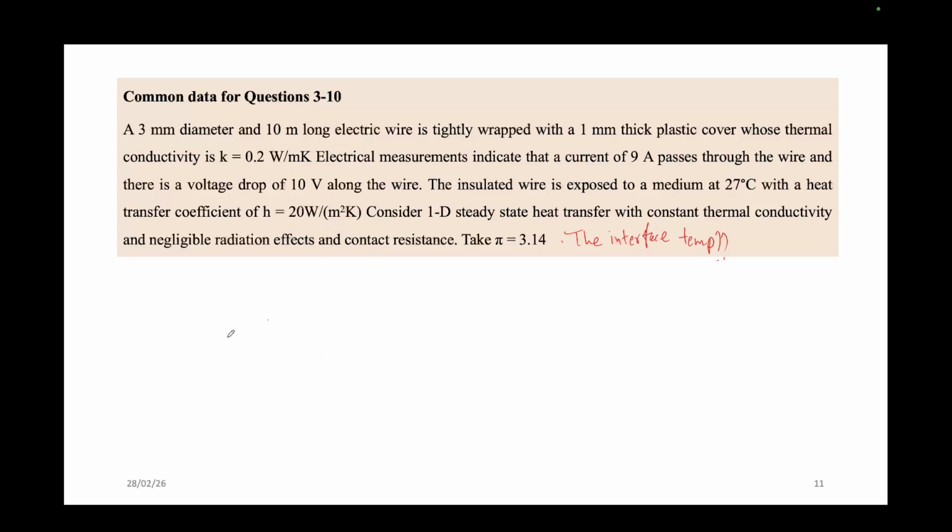As this is a wire, as I have already said, the current is flowing and the voltage is applied. So basically the heat supply, this Q, is given by Vi, and we have already calculated it as 90 watt, right? So this is the heat generation.